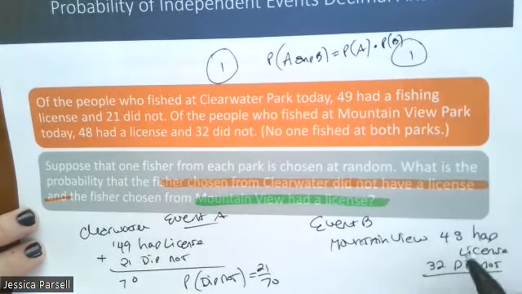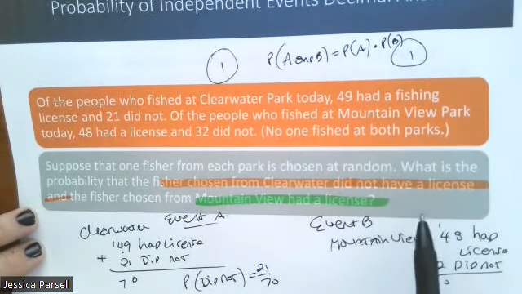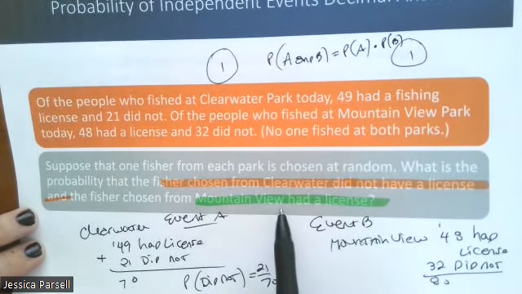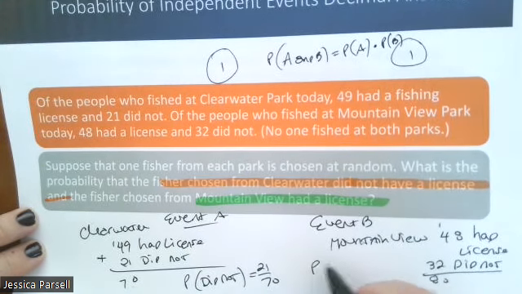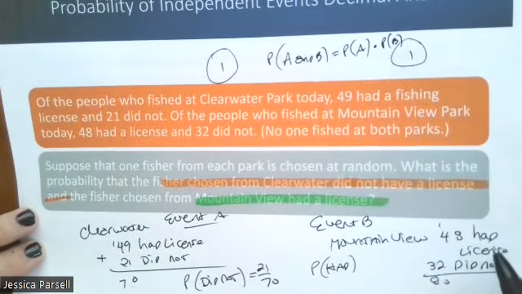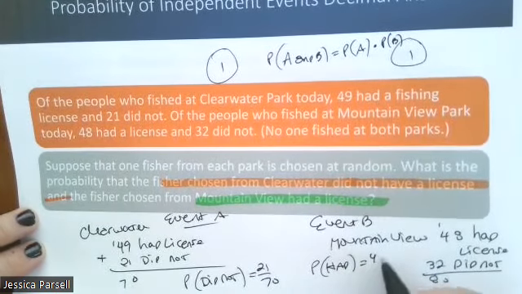All right, let's add those together. So 48 plus 32 is 80. There's 80 people fishing there. And they're asking us for the probability that the fisherman chosen from Mountain View had a license. So that's 48 out of 80. So the probability that they had a license is 48 out of 80.